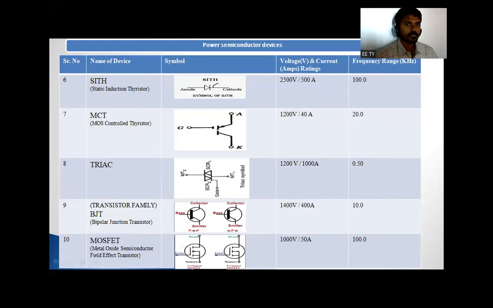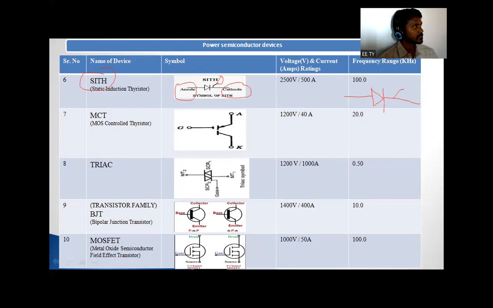Next device is static induction thyristor. Clear? What are the terminals of this static induction thyristor? Same as a thyristor: anode, cathode, and gate. But what is the difference between a thyristor and SITH? The gate terminal is connected here.